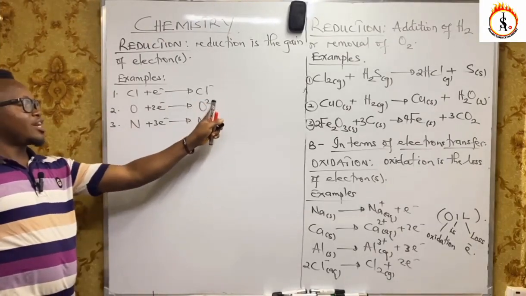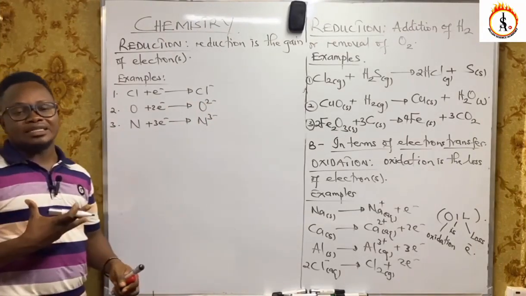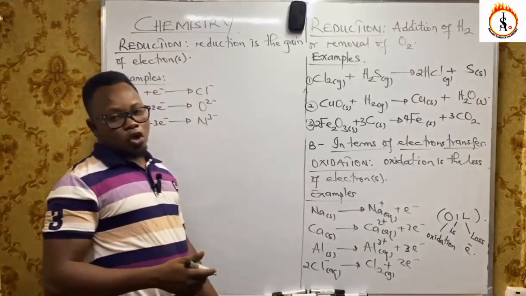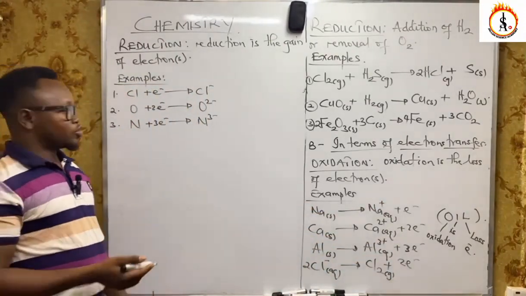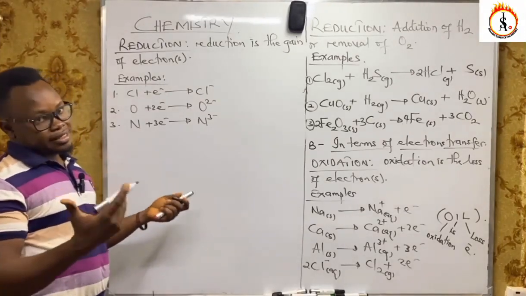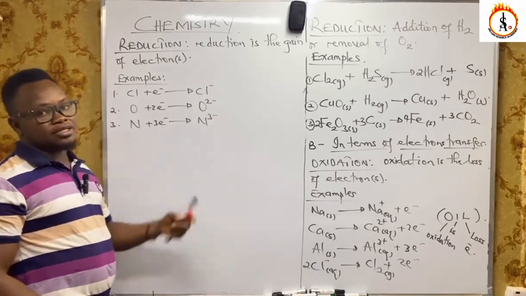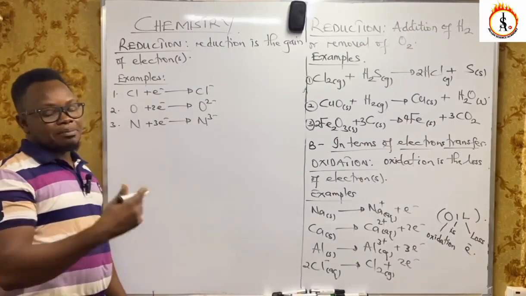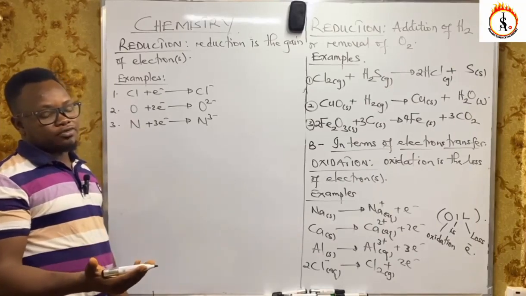The negative charge here tells you they've gained an electron. The positive charge tells you they've lost electrons. Okay, so negative charge means gain of an electron or electrons, and the magnitude of the charge tells you the number of electrons that have been gained, whereas for the positive charge, the magnitude of it tells you the number of electrons being lost.